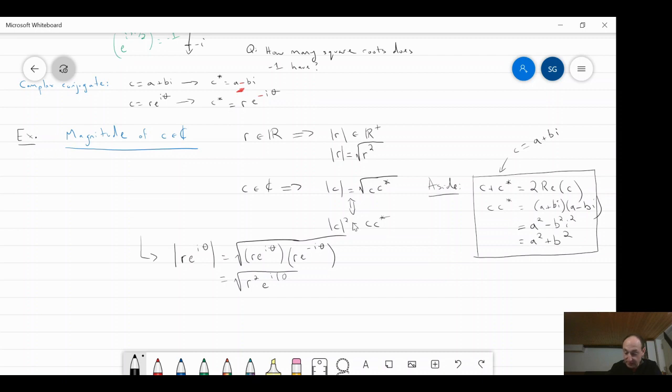You just add exponents, these are just scalars. Of course, theta minus theta goes to 0, and so you get r squared times e to the i 0. And remember that e raised to the power 0 is just 1. So you get the square root of r squared, and that, by definition, is just the absolute value of r.